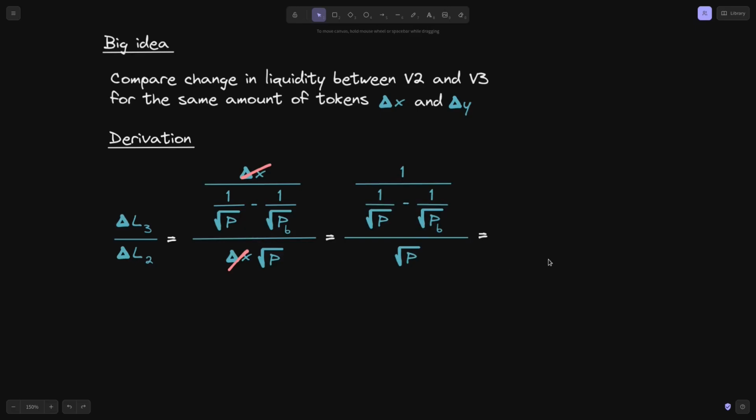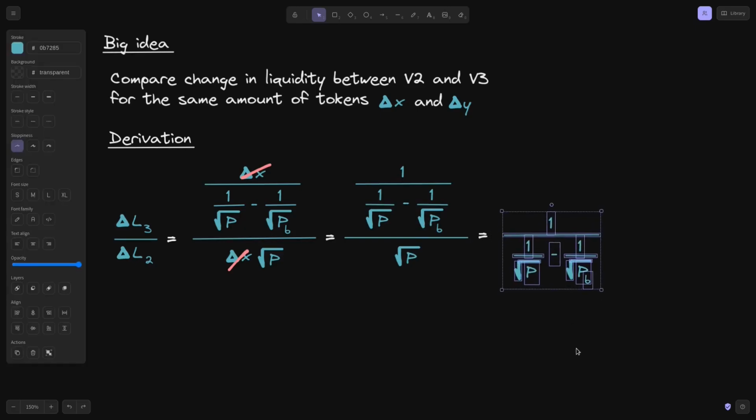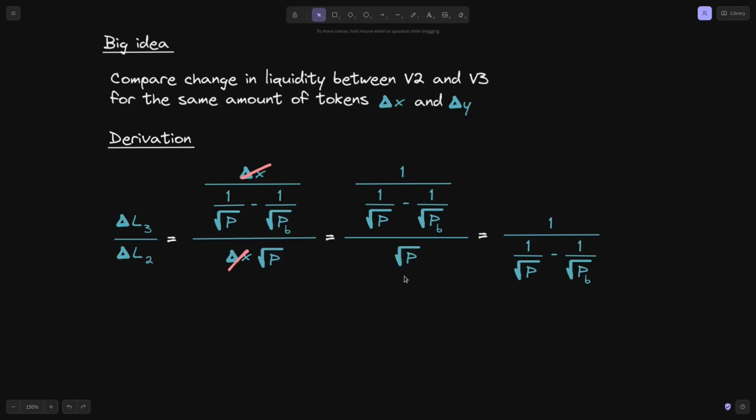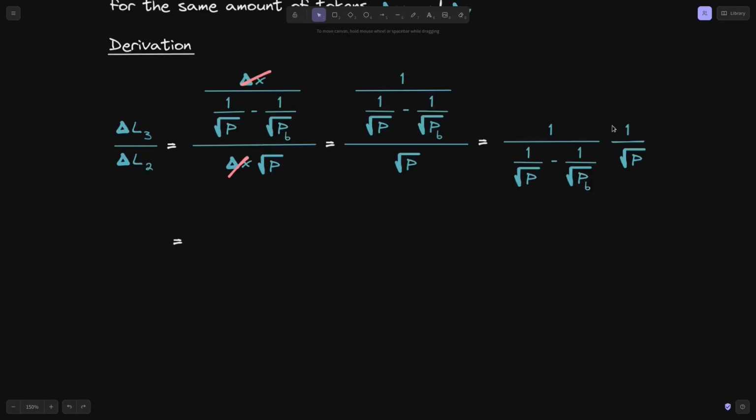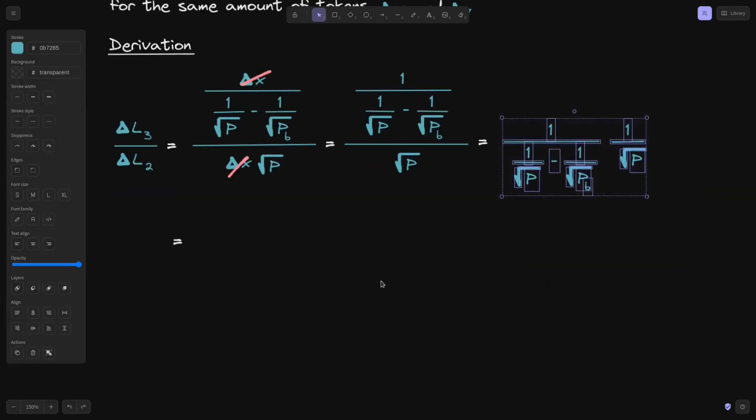What is this equal to? The top will remain the same, and then we'll need to divide by the square root of P. Divide this top part by the square root of P that you see over here. Okay, let's simplify this equation further.